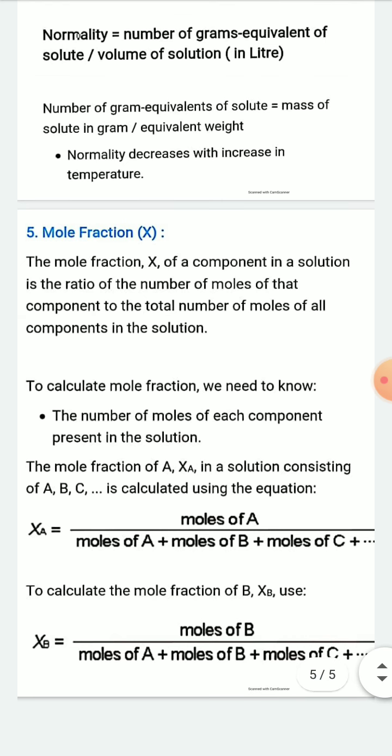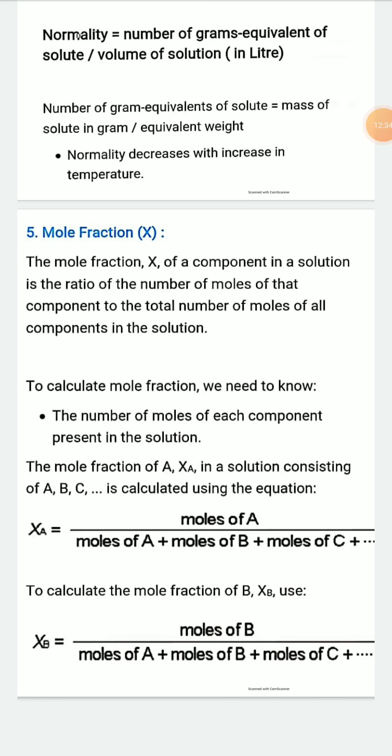Now the last type of unit of representation of concentration is mole fraction. It is represented by capital X. What is mole fraction? The mole fraction of a component in a solution is the ratio of number of moles of that component to the total number of moles of all components in the solution.